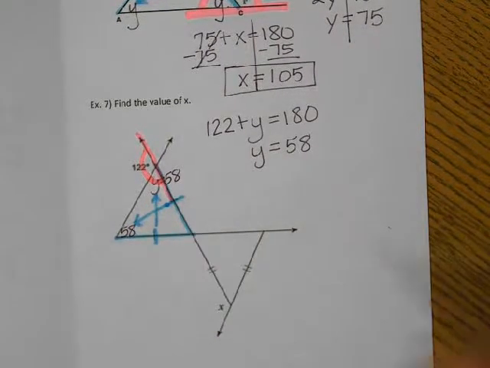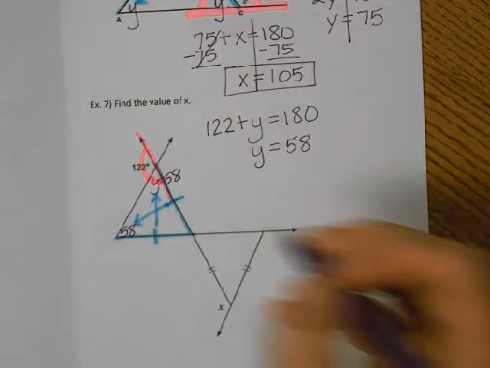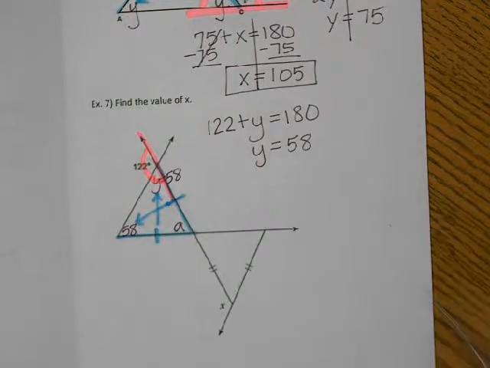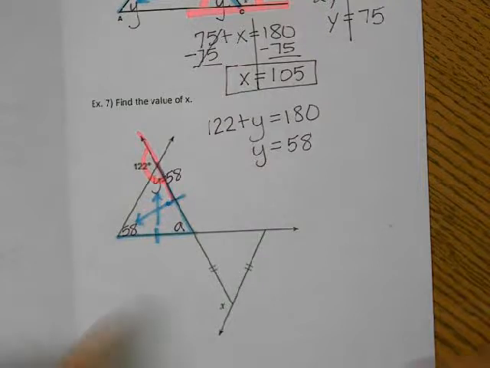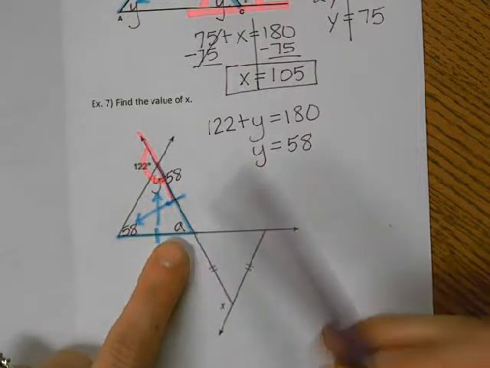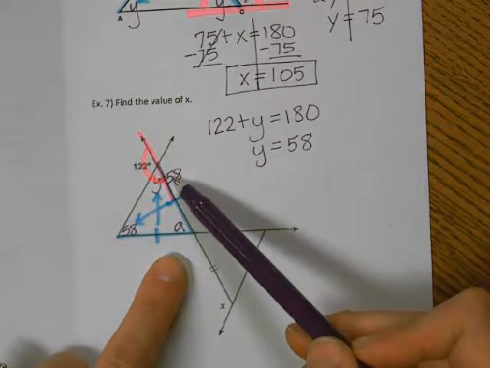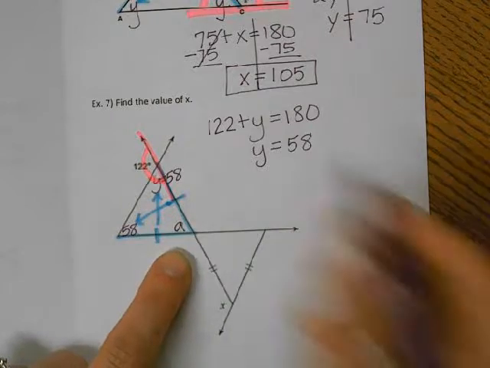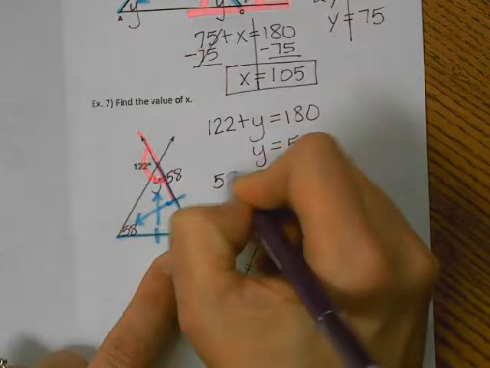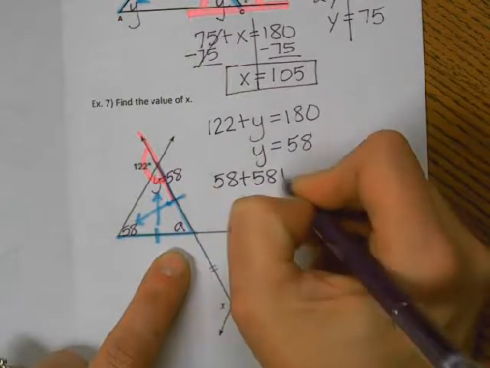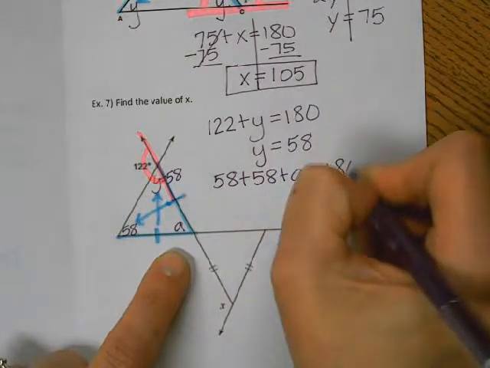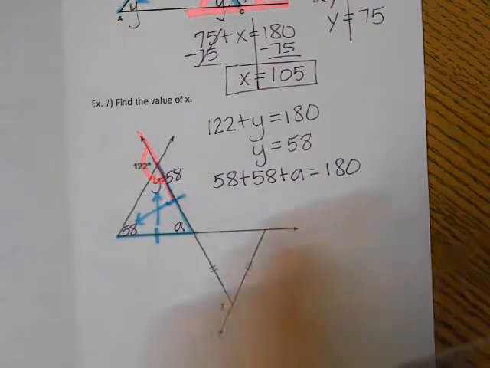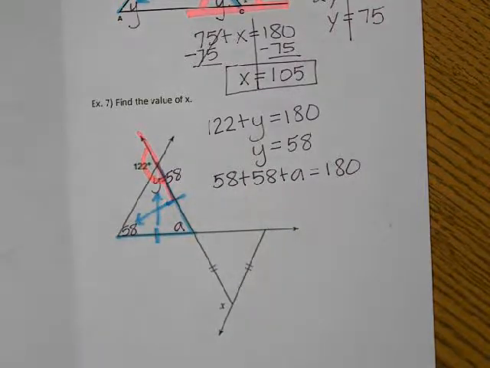How do I get my third angle? Well, let's call this last angle angle A. I don't like Z because it looks like an S, like a 2. So if that's angle A, then I know that 58 plus A adds to 180. So 58 plus 58 plus A equals 180.